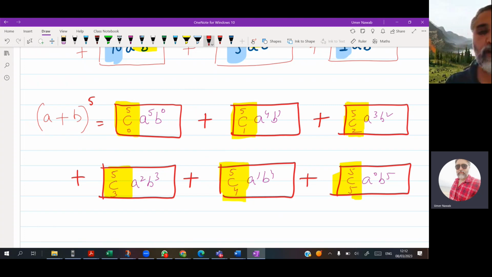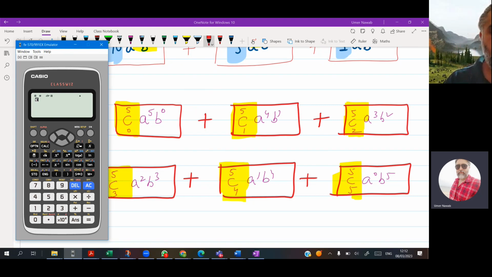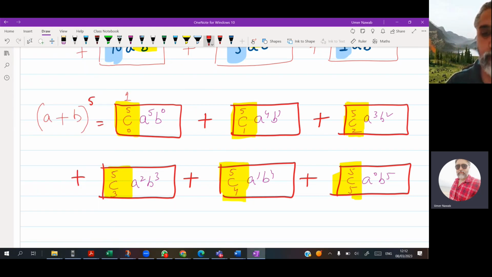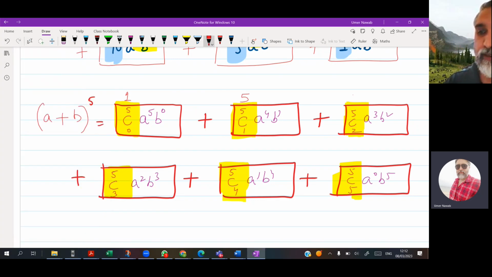And if you calculate 5C0 from the calculator, 5 shift division sign 0, it gives me 1. What is 5C1? It gives me 5. And then this will be 10. This will be 10. This will be 5. And this will be 1.